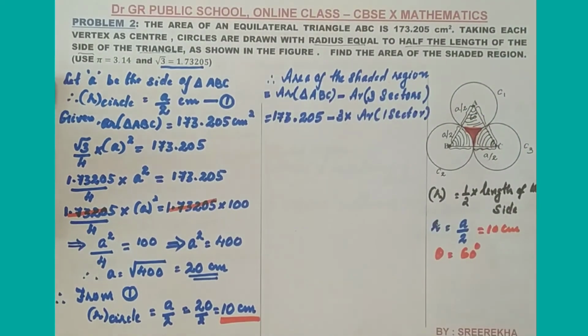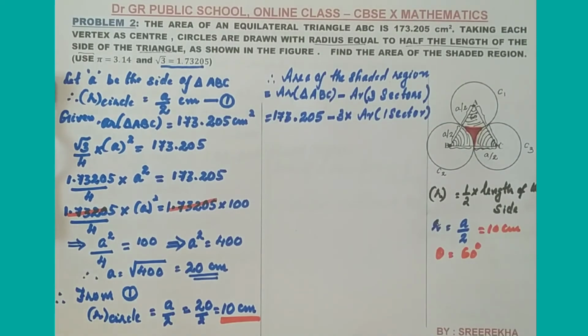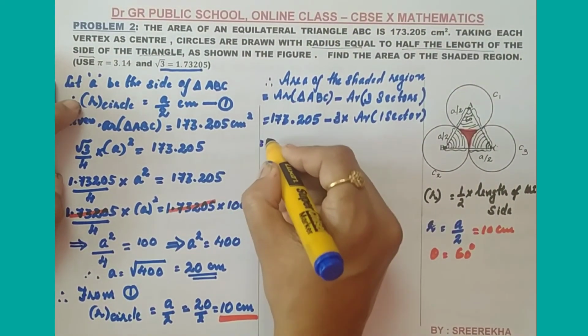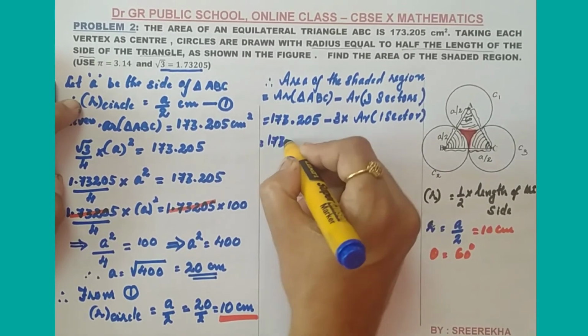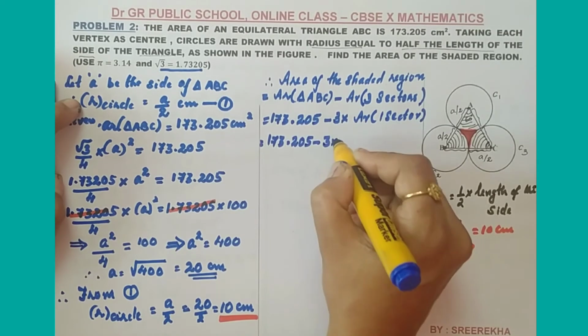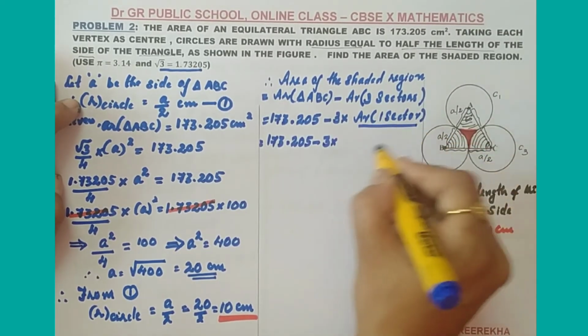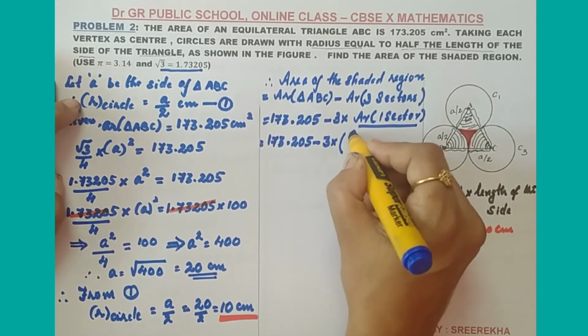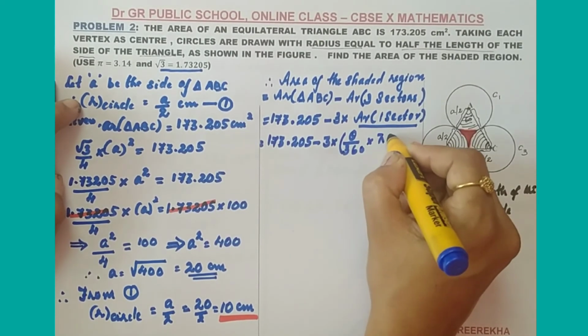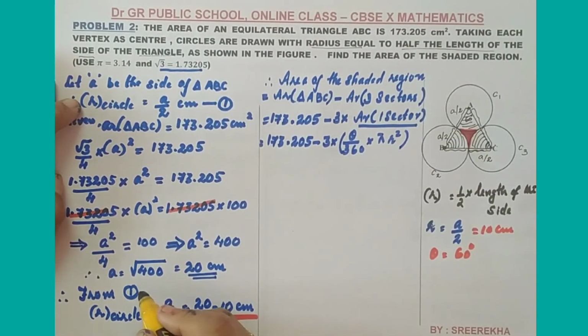Now I am going to make a simplification by substituting the formula. 173.205 minus 3 into, what is the formula to find the area of a sector? Area of a sector is theta by 360 into pi r square.